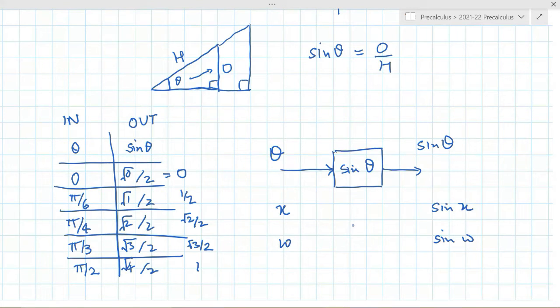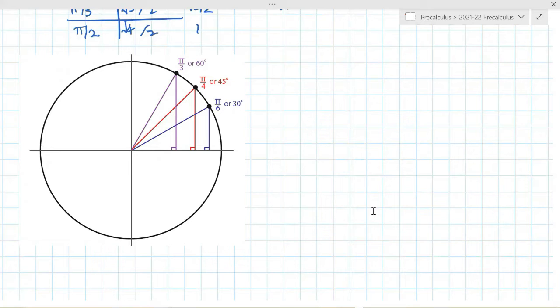That is, different inputs have the same output, that is fine. But for one input, there can only be one output, which we also test by the vertical line test on the graph. So this is the unit circle, and three of the special angles are marked on it.